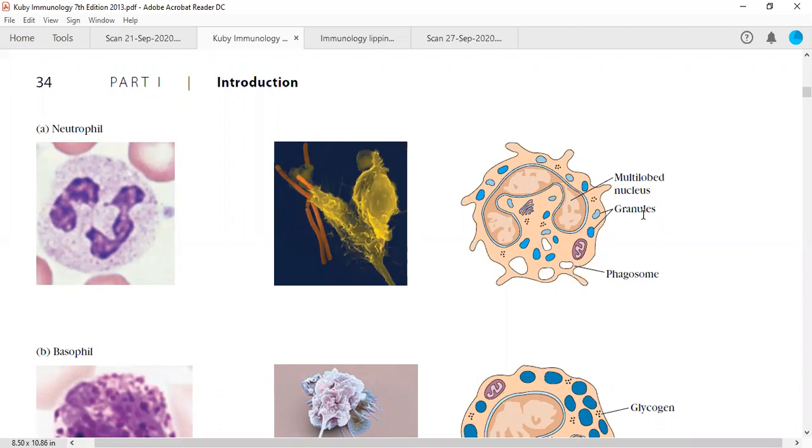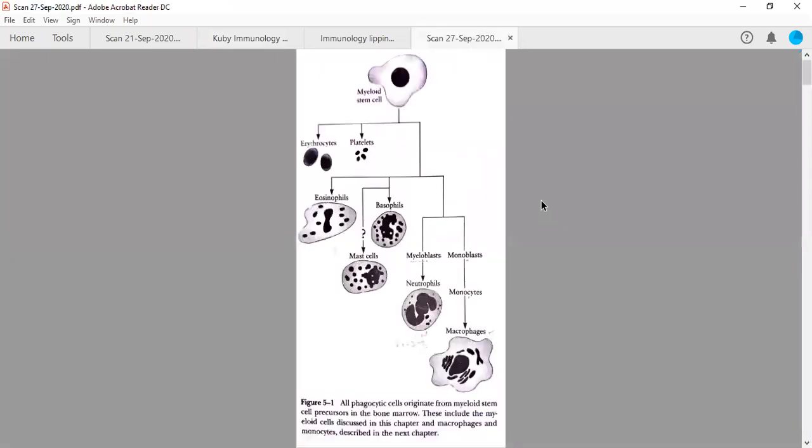These granules are very important because they contain the enzymes which are responsible for their function. All right. So we will discuss these neutrophils in detail. First of all, we will move to another PDF.